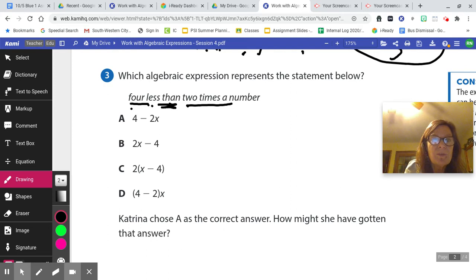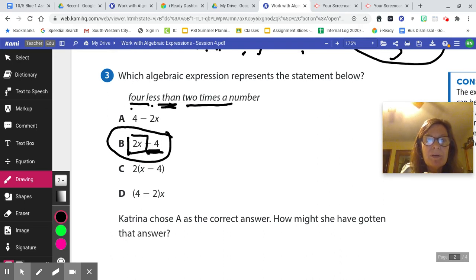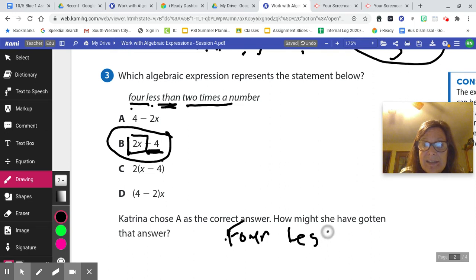You should have circled B, because I have 4 less than 2 times a number. I'm taking 4 away from something. Now, some of you may have chosen A, like Katrina. And if you did that, it's probably because you went exactly from the words 4 less than.